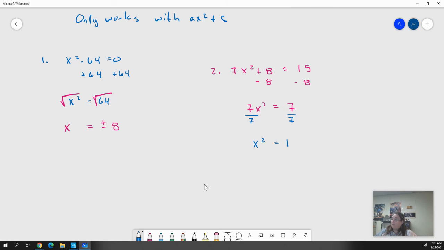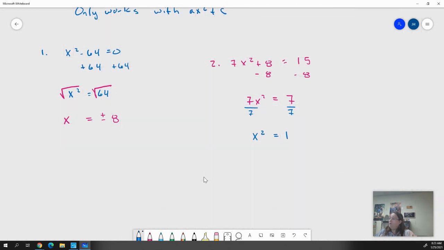So now we just have to take the square root of both sides. In this case, that's a pretty simple task, right? Because all we have to do is take the square root of this and the square root of this, and we're going to get the square root of x squared is always just x, and the square root of 1 is plus or minus 1.